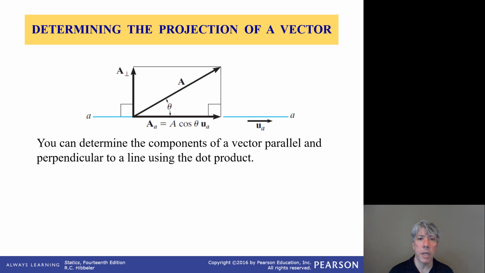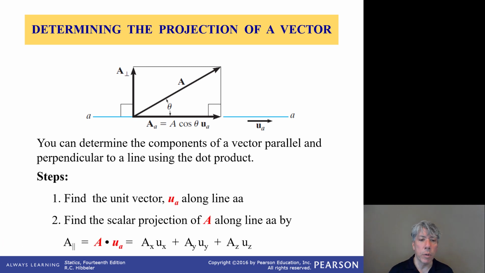But if what we're interested in is the projection of a vector, we can figure out the components of the vector parallel and perpendicular to a line using the dot product as a tool. So what do we do? Well, first of all, find the unit vector uA that lies along line AA. How would we do that? Well, it depends on line AA. We'd have to know something about line AA, but let's just assume we can find that unit vector.